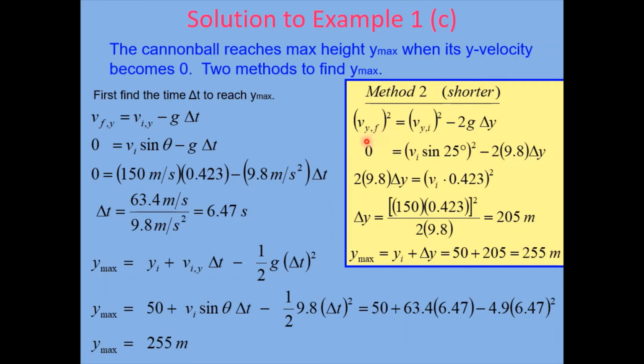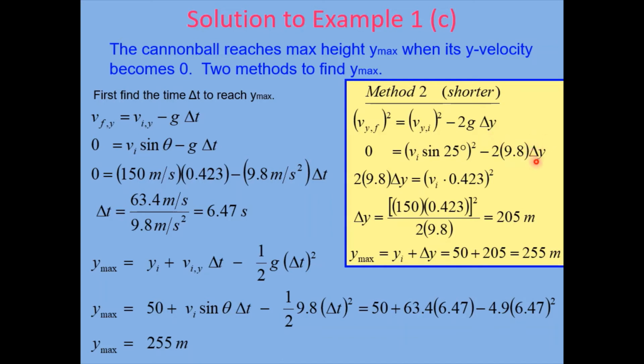And the reason we do this is because we know what the velocity is at the peak. It's 0. So we also know what the initial y velocity is. It's the initial speed, which is 150, times the sine of the angle, sine of 25. So that's squared, and then we have minus 2g delta y.